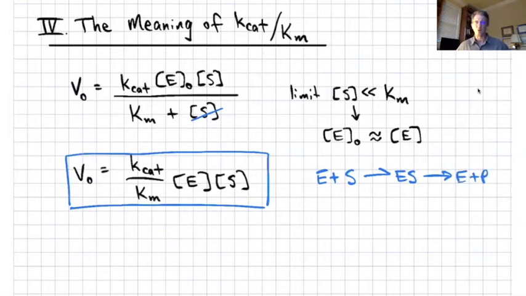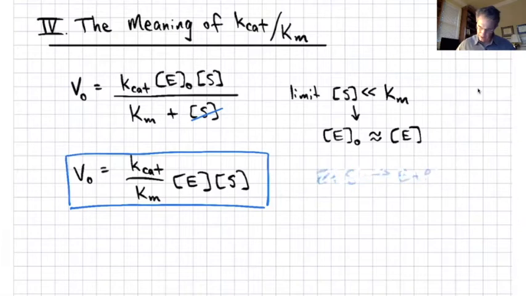But if I wrote this out a different way, enzyme plus substrate goes to ES, and I had a rate constant here.